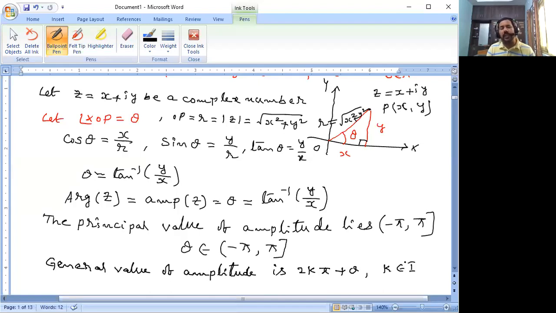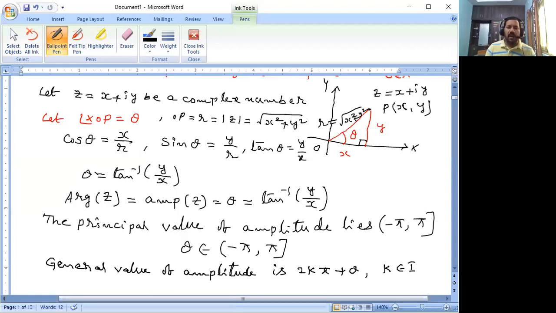We know that in trigonometric equations, sine theta is equal to sine alpha, cos theta is equal to cos alpha, tan theta is equal to tan alpha. How are we writing the general solution there? Different formulas. So here, the general value of amplitude is 2k pi plus theta, where k is integer.